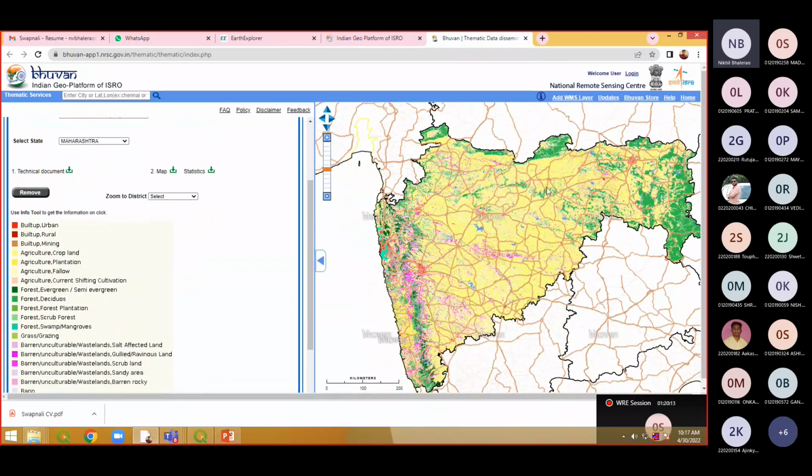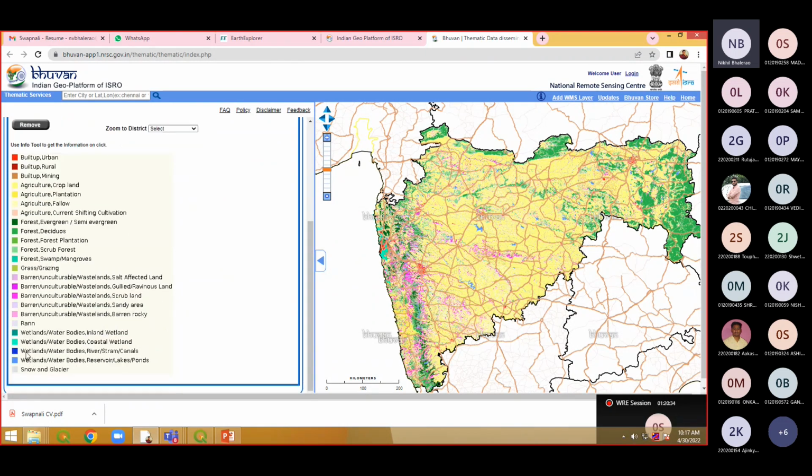And here, whatever the color codes are, wherever you see this red, this shows the built up. Again, a little bit brown is built up rural. This green color shows the forest, evergreen. Yellow color shows the agricultural land.